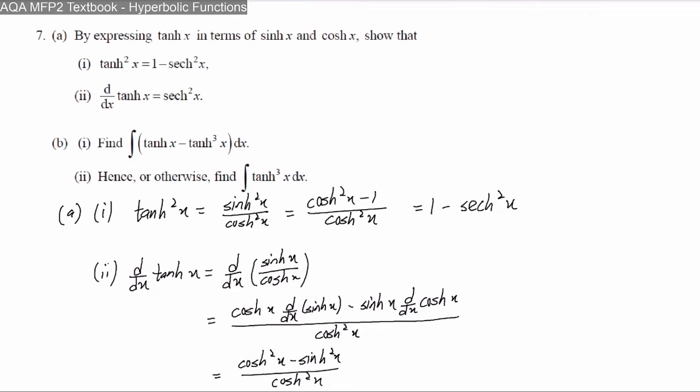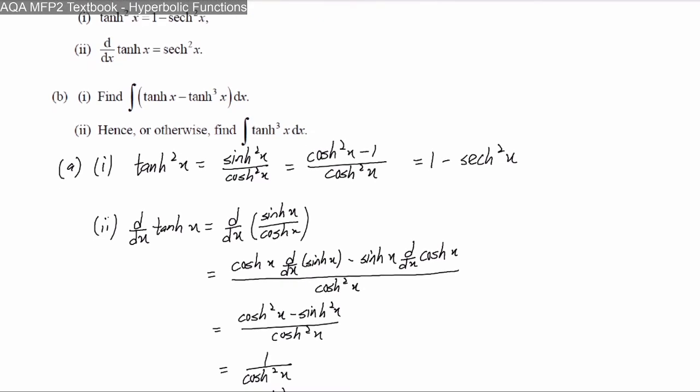So next one is to express tan x in terms of sine x and cos x to show that we have two things. The first thing is to show that tan squared x is equal to 1 minus sec squared x. So in this case, tan squared x can be written as sine squared over cos squared.